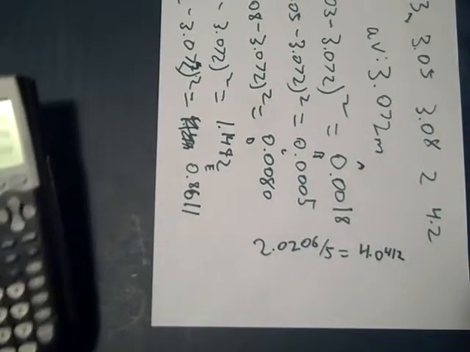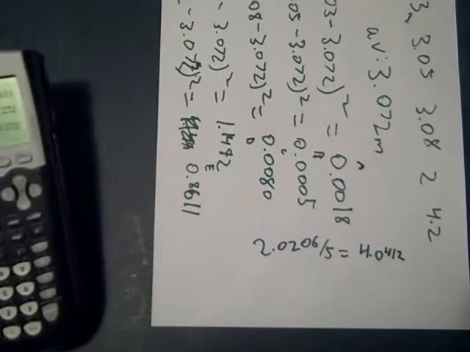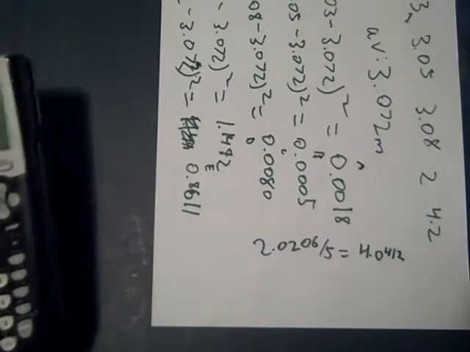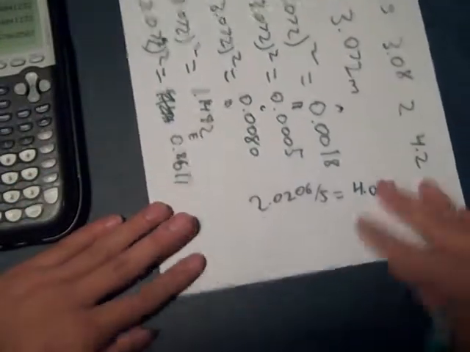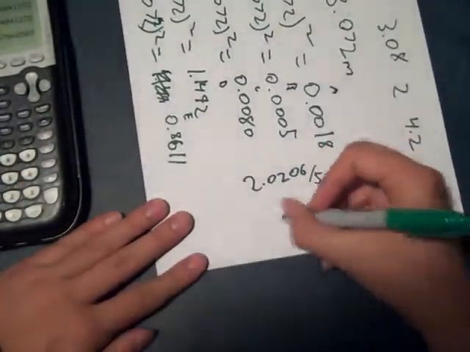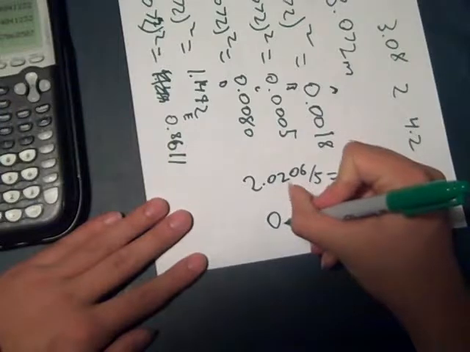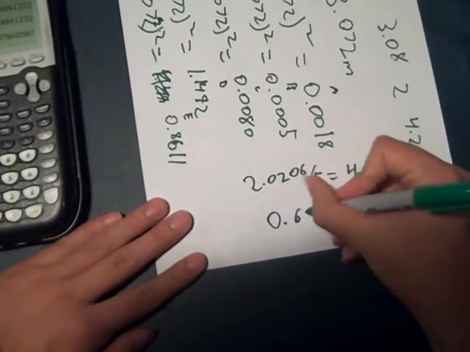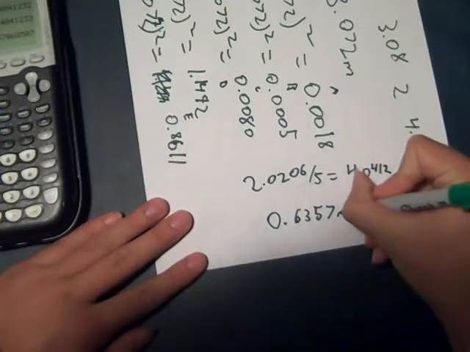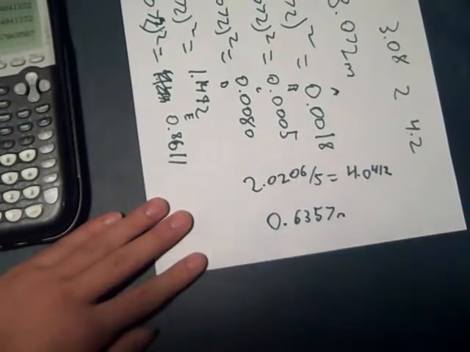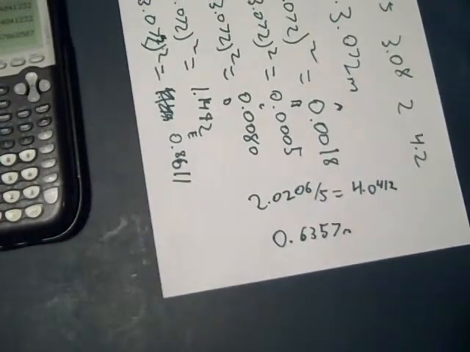And then find its square root. So, 1 second. And I got a standard deviation of 0.6357 meters. Okay, so that's all there is to it.